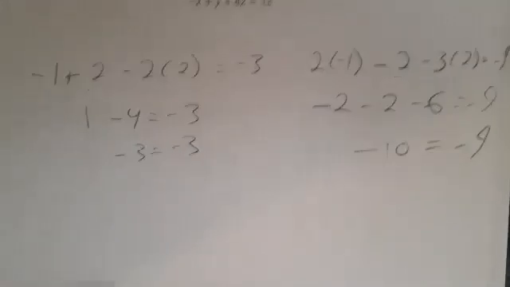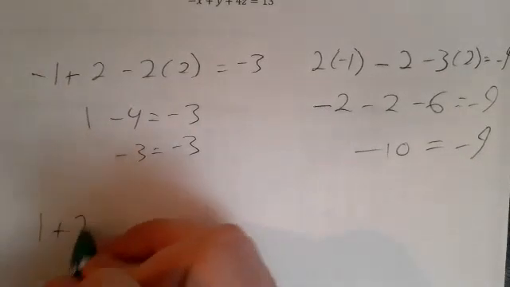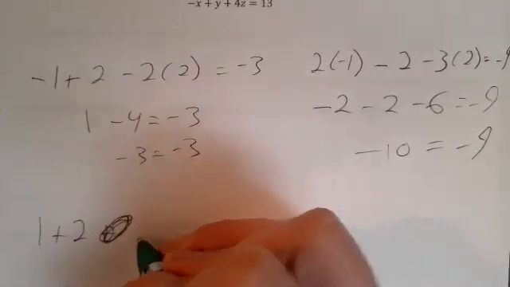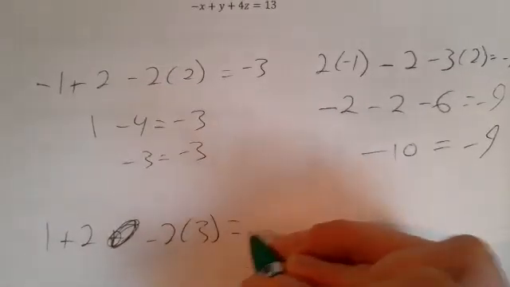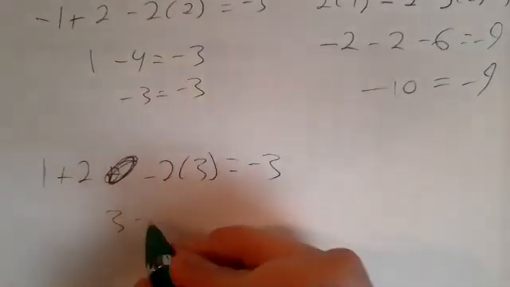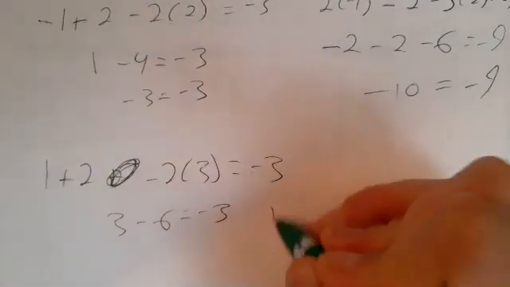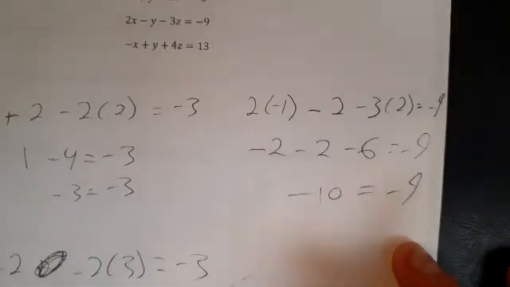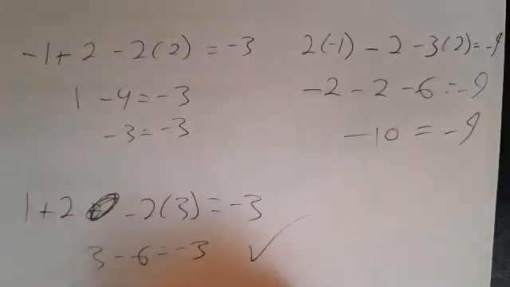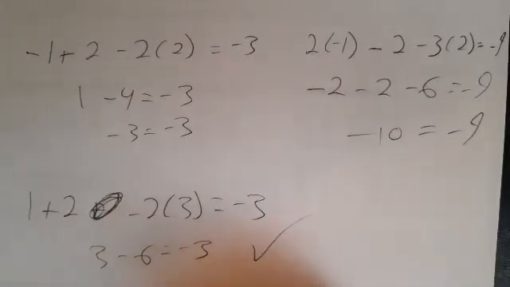If we plug in 1, 2, 3: 1 plus 2 plus 1 plus 2 minus 2 times 3, does that equal -3? This is 3 minus 6. I believe this one works. The next one is 2 times 1 minus 3 times 2.